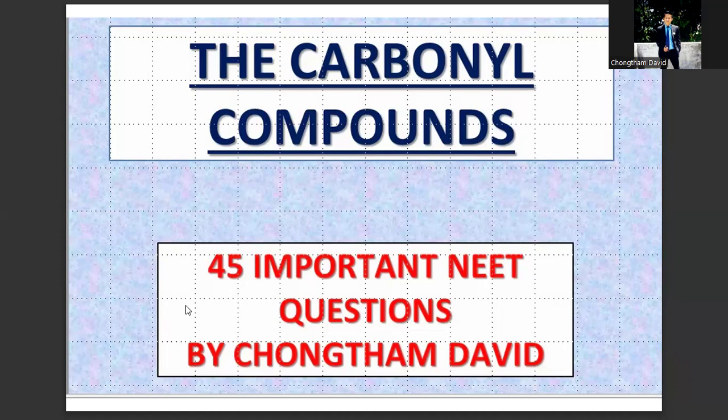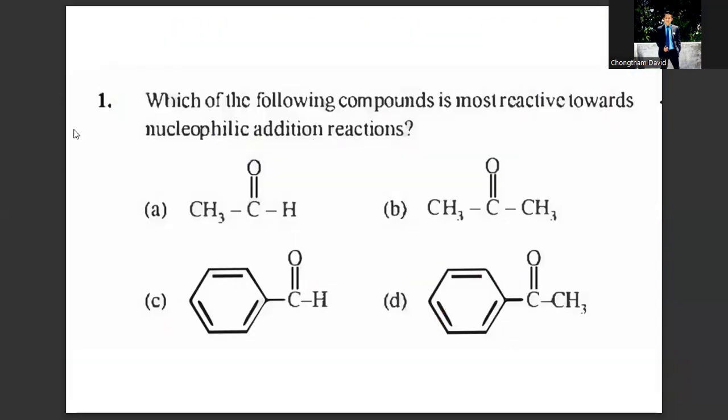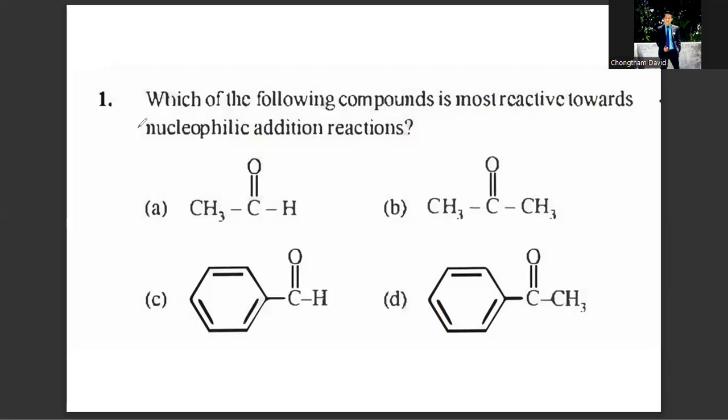Now, let us look at the questions. Question number one. Let us read. Which of the following compounds is most reactive towards nucleophilic addition reactions? So let us see.